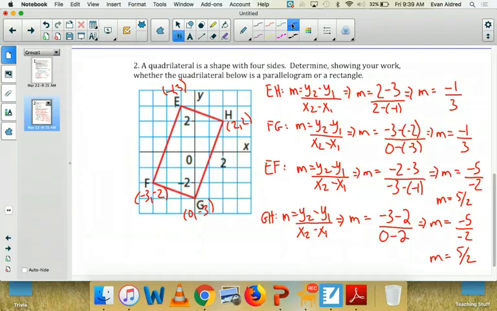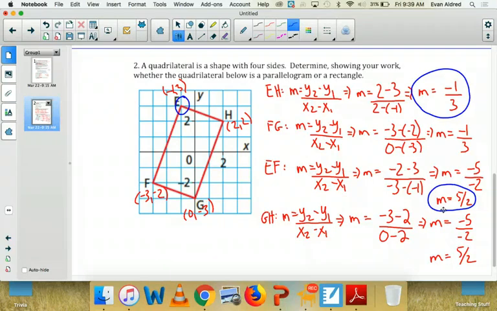We know that it's either a parallelogram or a rectangle, but we don't know which it is. So in order to figure out which it is, look at a corner. And it doesn't matter which corner you choose, I'm just going to pick that one. That is where EH meets EF. So we look at the slope of EH, we look at the slope of EF. If those slopes are negative reciprocals, then it's a rectangle because the corners are 90-degree angles.